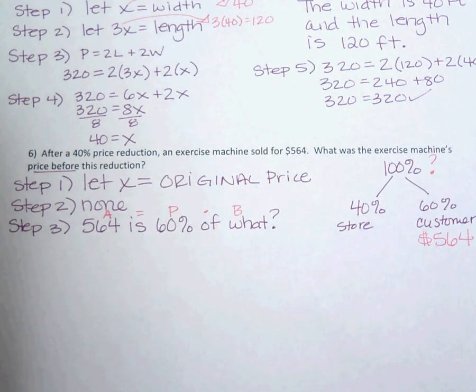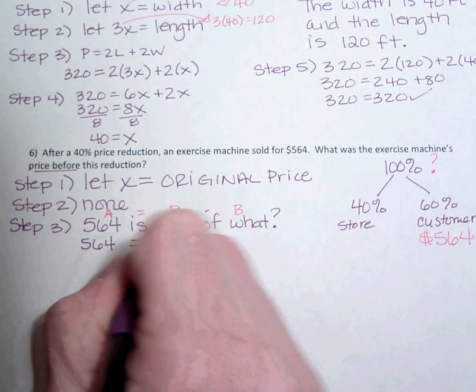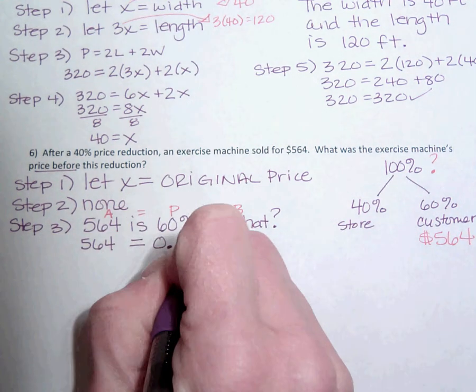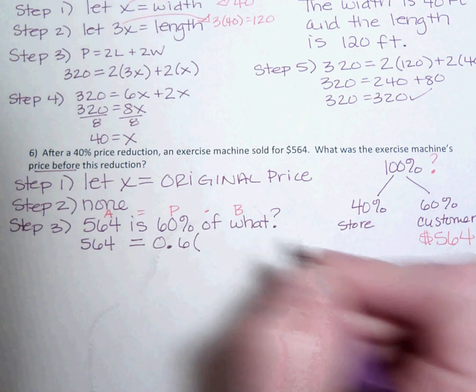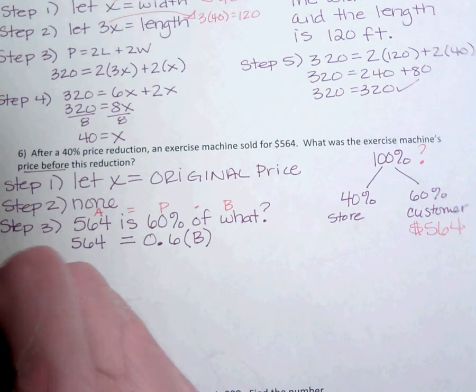Alright, so let's write it out again. 564 equals 60% is 0.6, of is multiply, and B is what we're looking for.